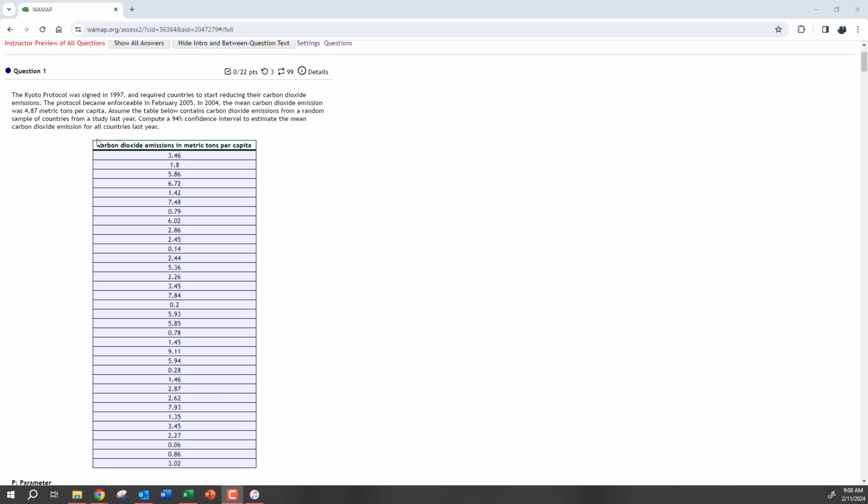Now, it turns out that if you're dealing with WAMAP, like I am with this example, in order to copy this table, if you just come up here and start your cursor at the title and highlight like this, it's not going to work. If you then do Control C, Control V into Excel, it puts everything in one cell and it doesn't work.